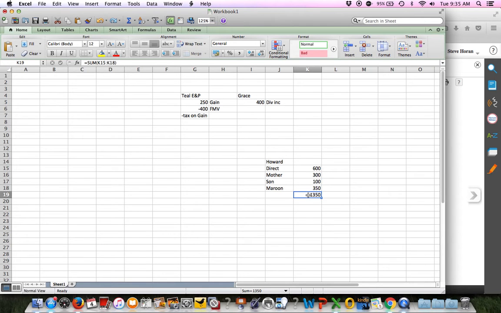And now we're just going to add Yellow. It's 200 shares at 25%, which is 50. So now my new number for part C is 1,400.